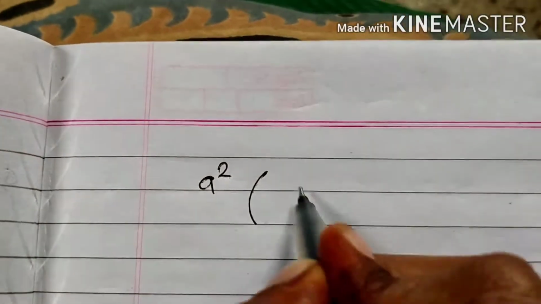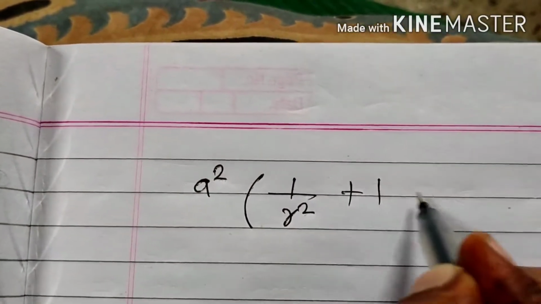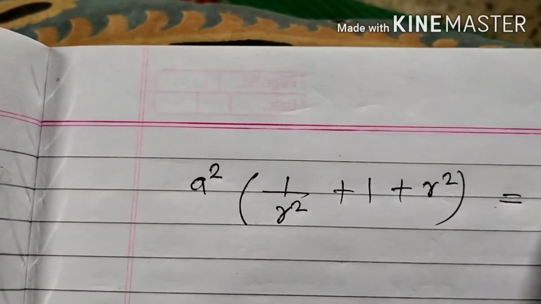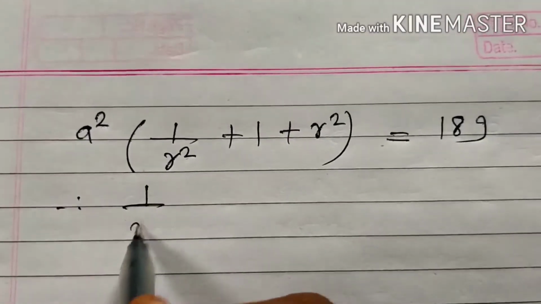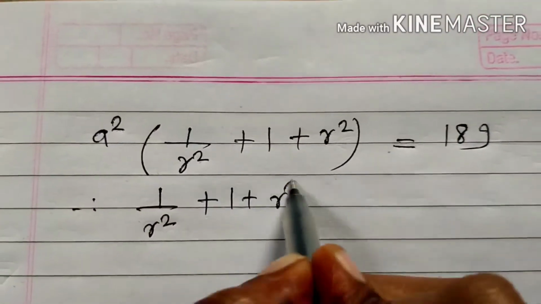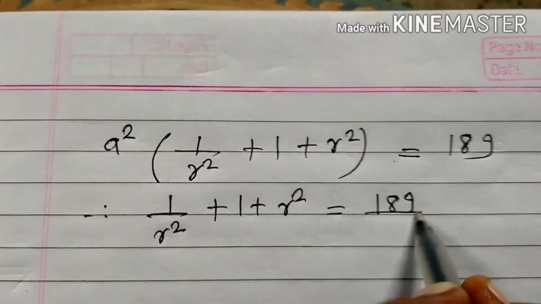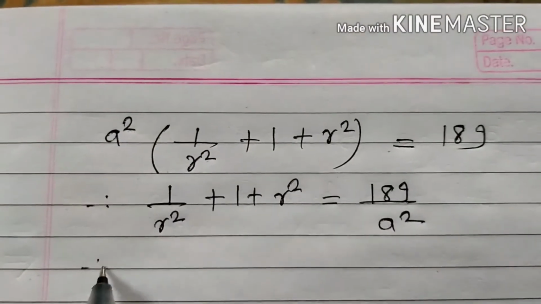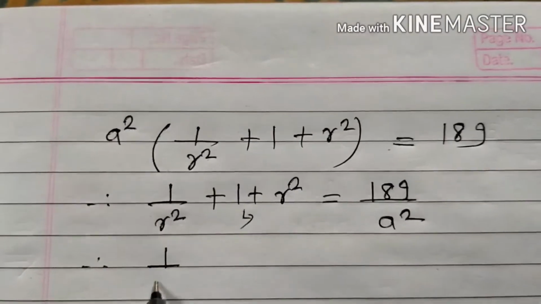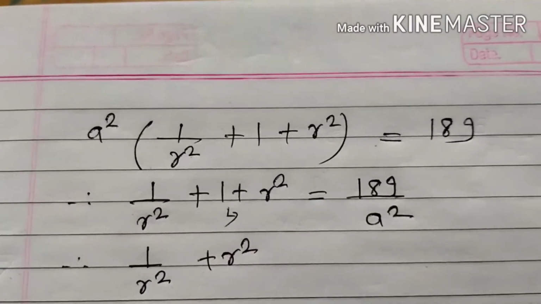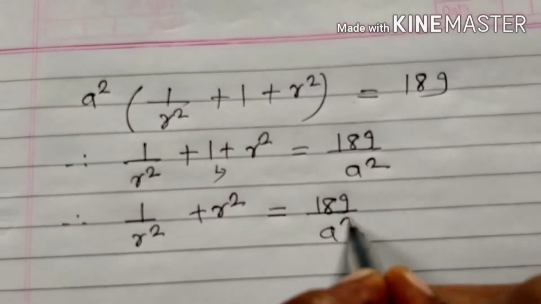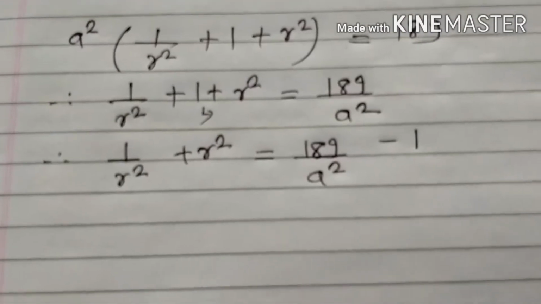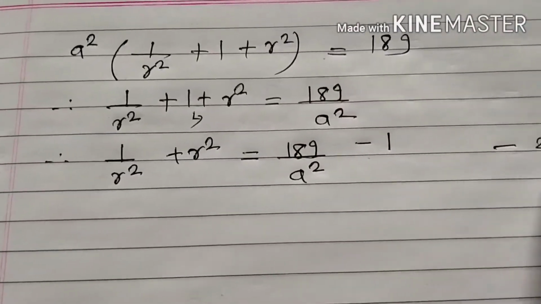So this is a square into 1 upon r square plus 1 plus r square which is equal to 189. Therefore 1 upon r square plus 1 plus r square is equal to 189 upon a square, and therefore take 1 on this side. So it is 189 upon a square minus 1. Okay. Now call it equation second.